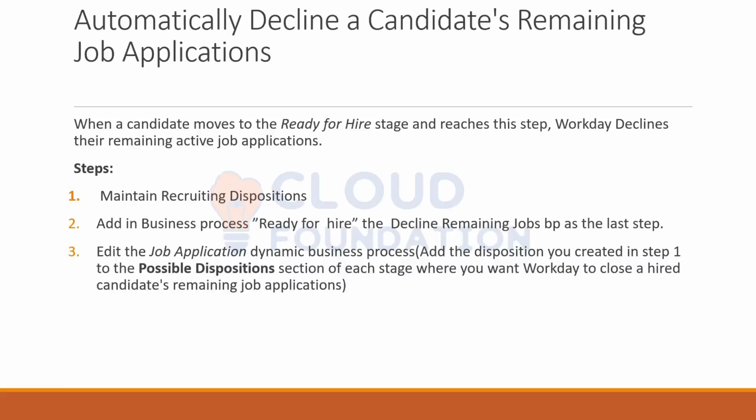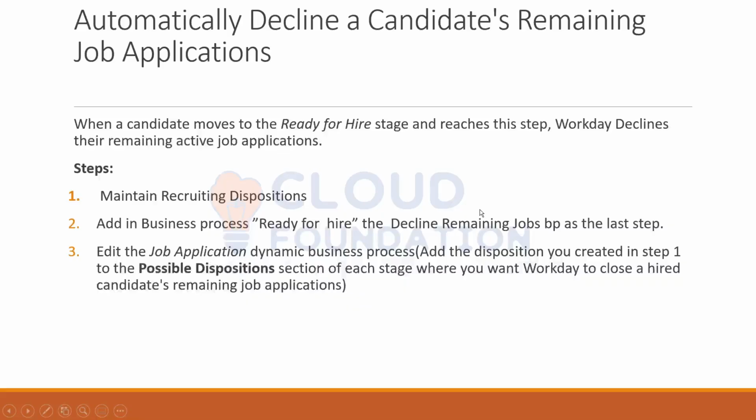So this feature gives the recruiters the access that if a candidate is hired for a particular job, then all his remaining job applications will be declined automatically. Okay, is this functionality clear? Yes.